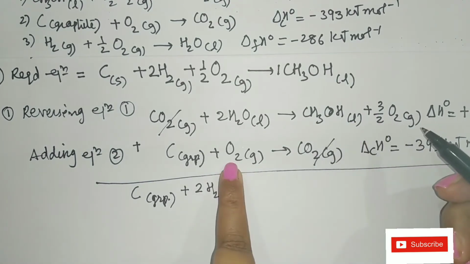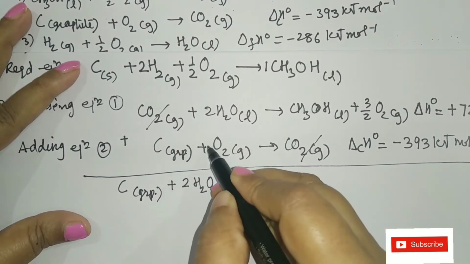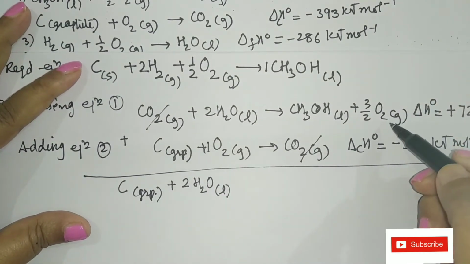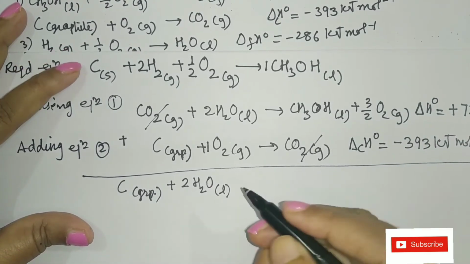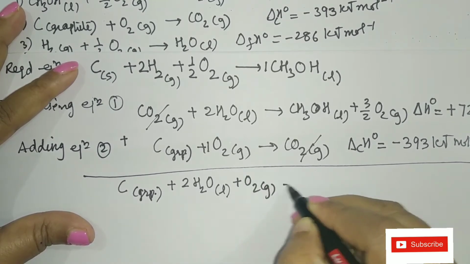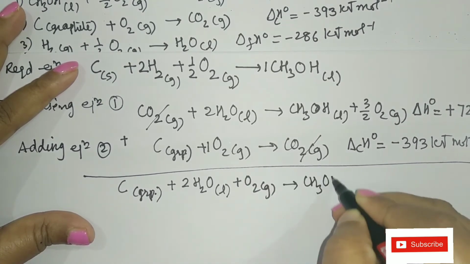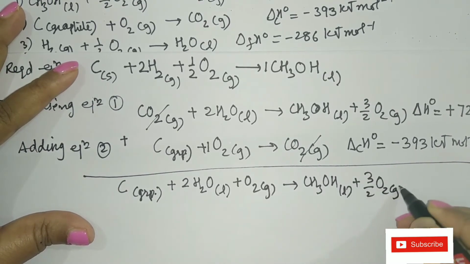So let us add this. This O2 is on this side, that is 1 mole, and this is on the other side. So you can keep this oxygen as it is. It will get cancelled later on. So keep this oxygen as it is. Gives CH3OH liquid plus 3/2 O2 gas.